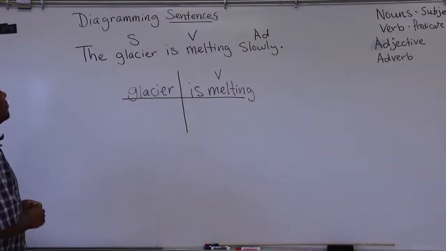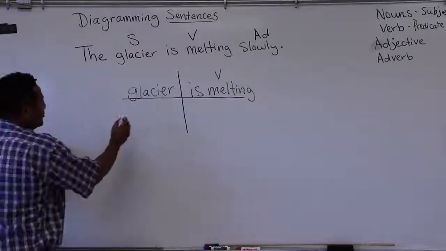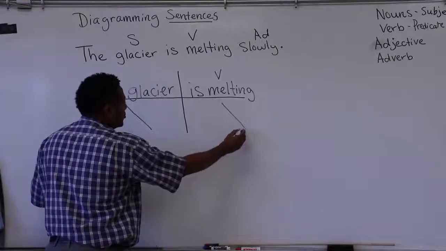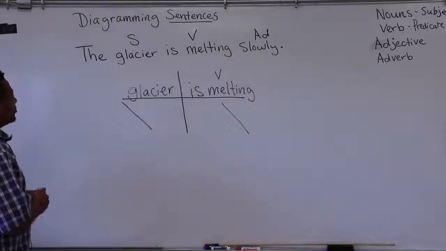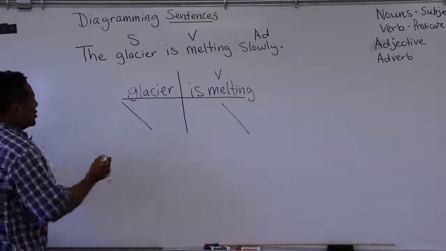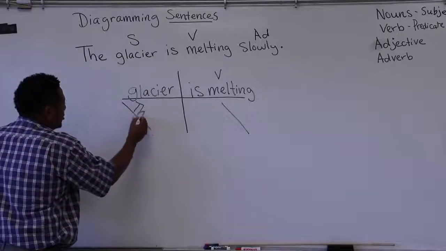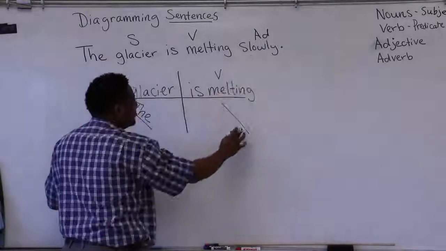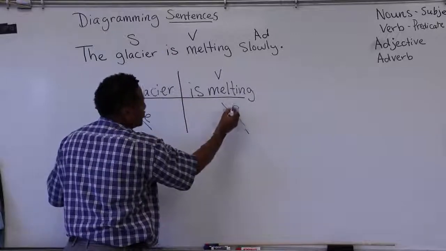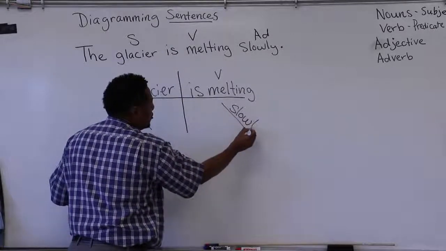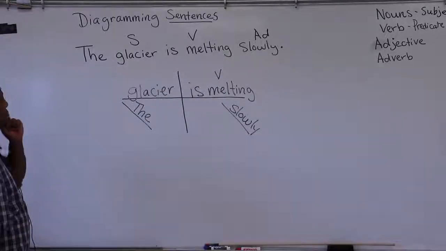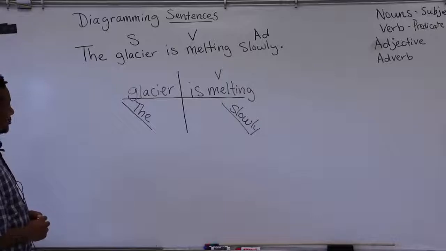Articles and modifiers go on a slanted line, so the word the and the word slowly, because slowly is modifying melting, they go on a slanted line under the baseline.